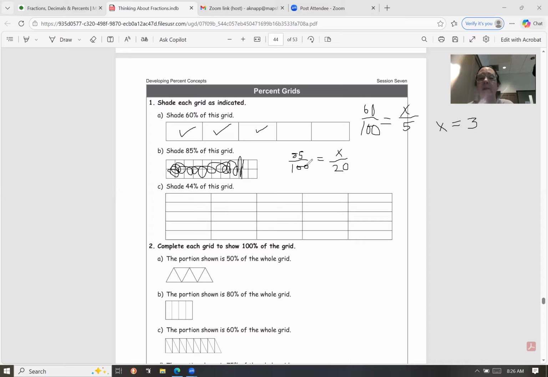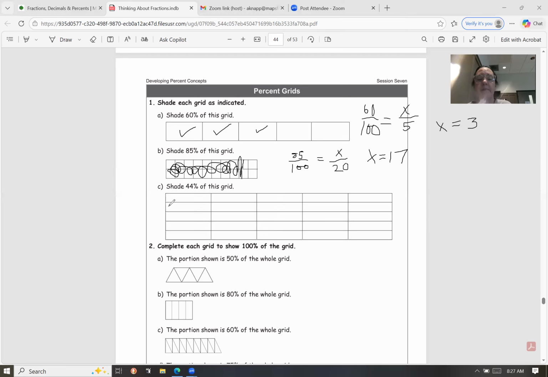Again, 100 divided by what is 20? Well, it would be 5. So 85 divided by 5 is 17. So there you have X equals 17. Okay, so that's how you do those problems from number 1.